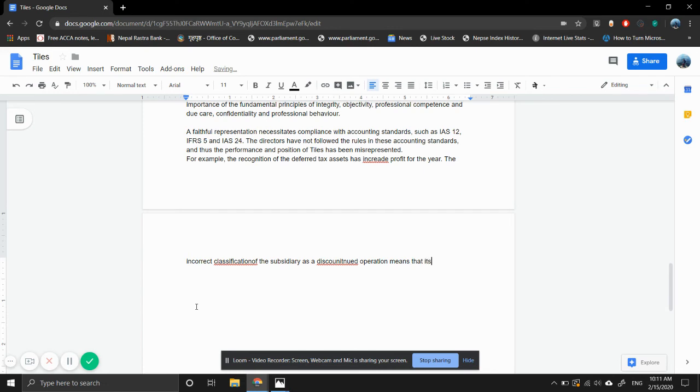Means that its losses are presented separately from the rest of Tiles' operations, and therefore is likely to be seen by the users as a non-recurring item.